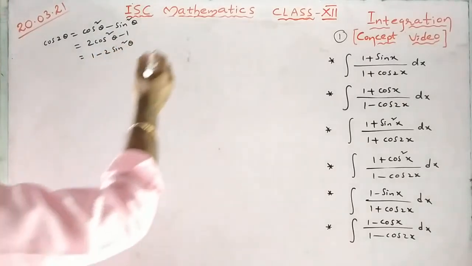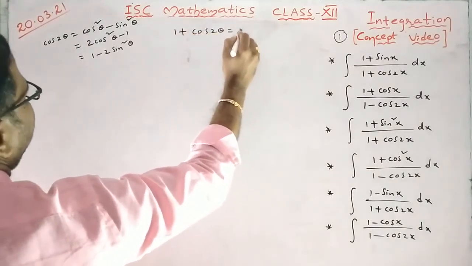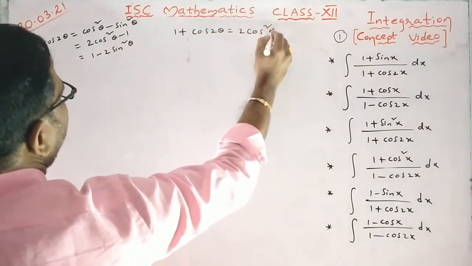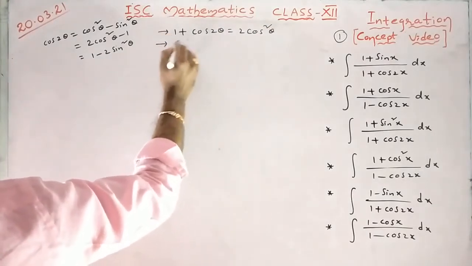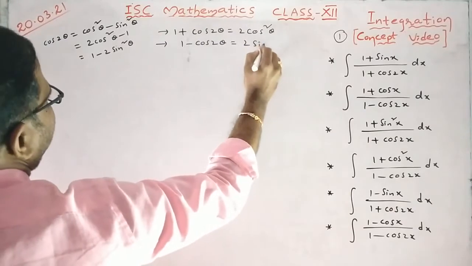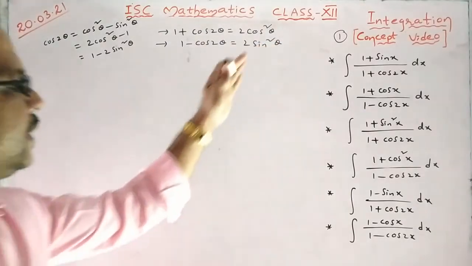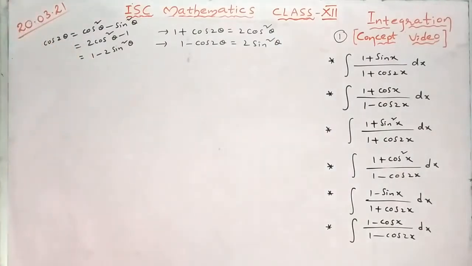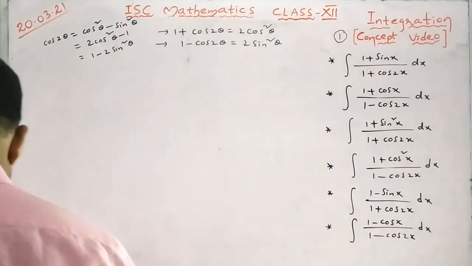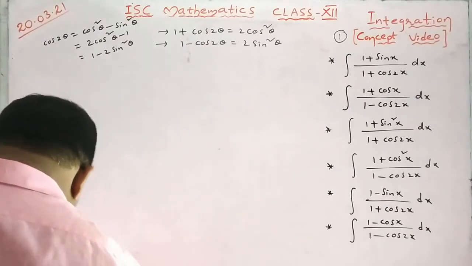By using this, wherever we have 1 plus cos 2 theta, I already told you, 2 cos square theta we can write. Wherever we have 1 minus cos 2 theta, I can write 2 sin square theta. So all these problems are depending on only these two concepts, right? So if you observe it, it is easy.